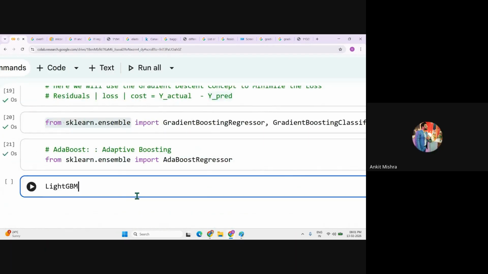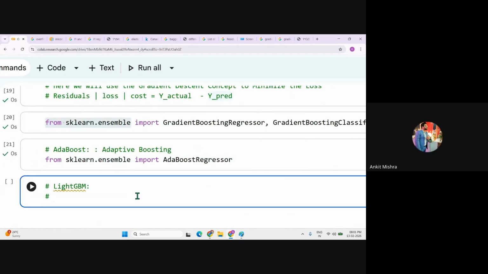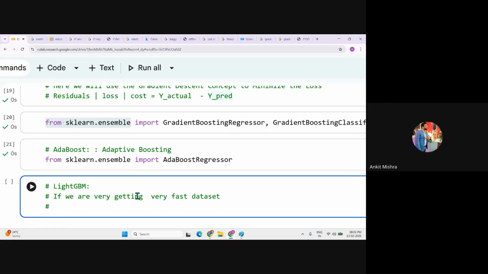Now, what about the LightGBM boosting? We generally use LightGBM boosting when we have a very large, fast-growing data set, or a complex data set.